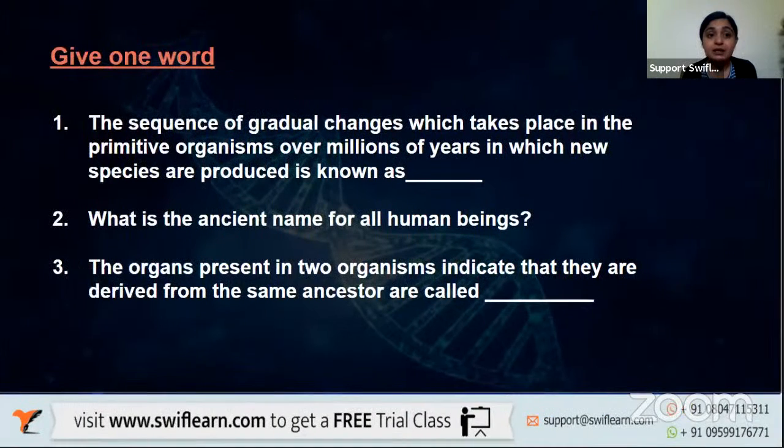Now, give one word to these answers, the fill in the blanks. The sequence of gradual change which takes place in the primitive organisms over millions of years in which new species are produced is known as, what are we learning about? It is everything that we are doing.